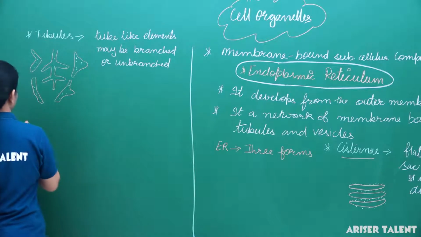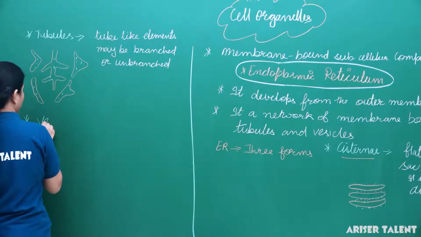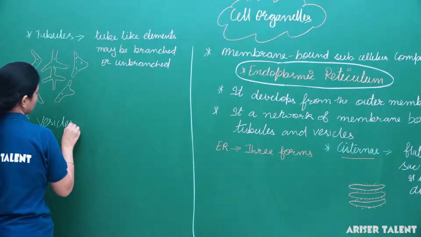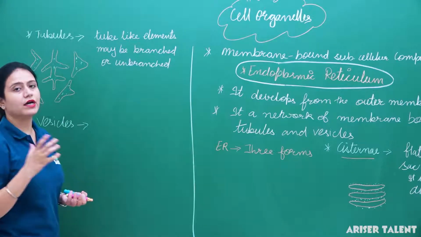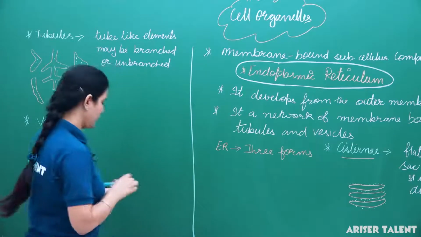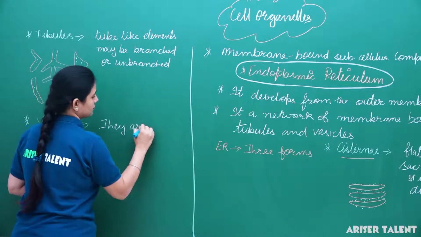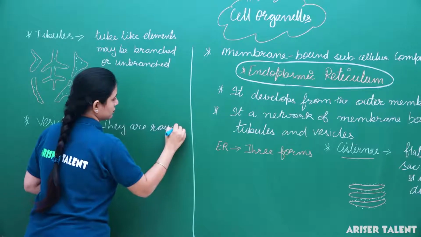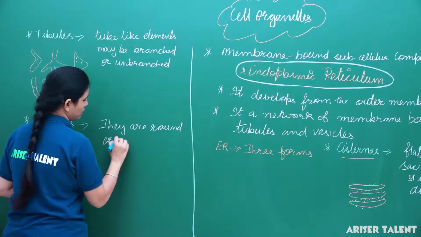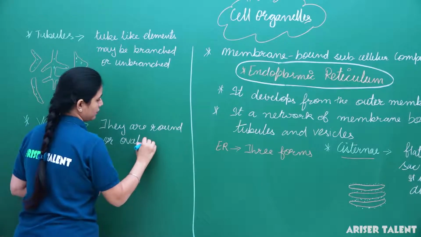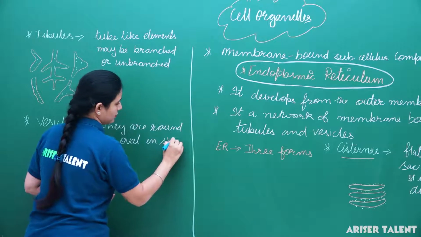Third form of endoplasmic reticulum is vesicle. Vesicles are generally round or oval in shape.